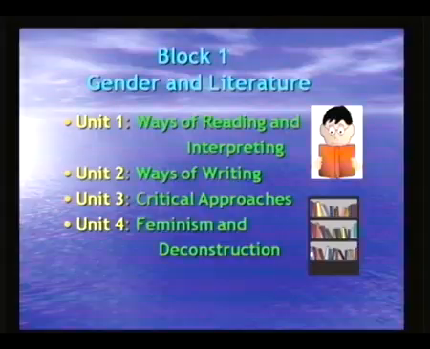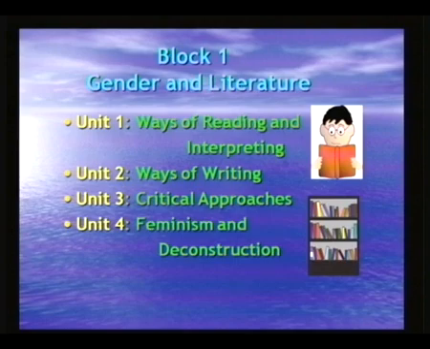The first unit will start with the issue of language, which is an extremely important issue. Before we talk about literature, we have to talk about language, because if you think about it, what is literature made of? What is the material of literature? Isn't it language? So we start by talking about how language is defined and how language shapes gender.